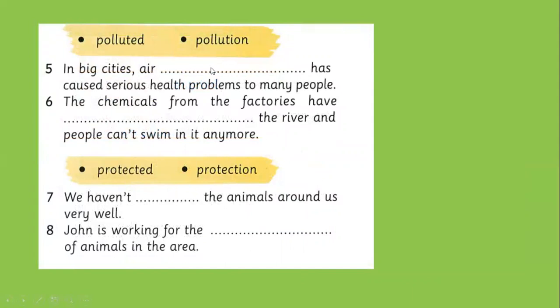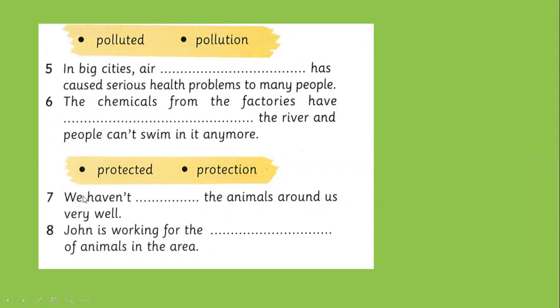We have polluted and pollution. In big cities, do I say air polluted or air pollution? Air pollution has caused serious health problems to many people. The chemicals from the factories have, so after have or has, we use the verb. The verb is polluted. Have polluted the river and the people can't swim in it anymore. Then we have protected and protection.